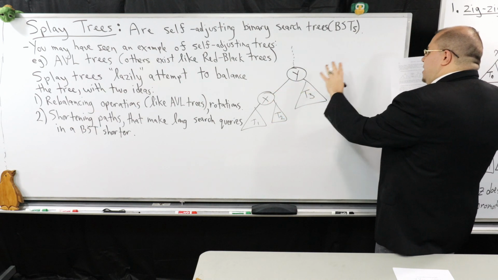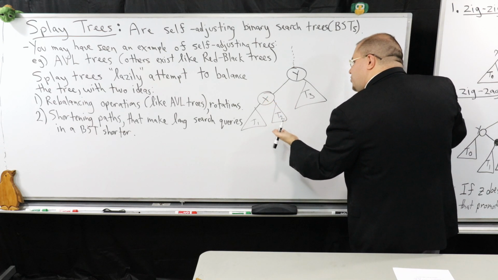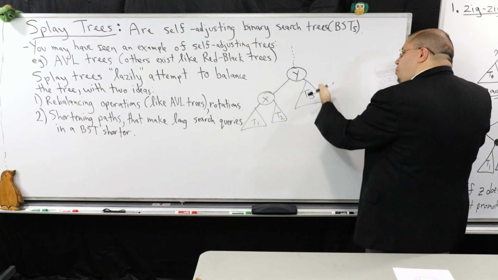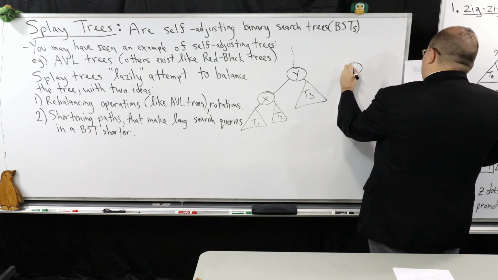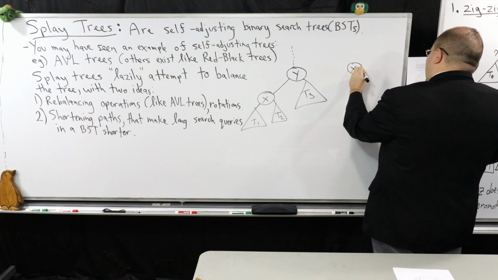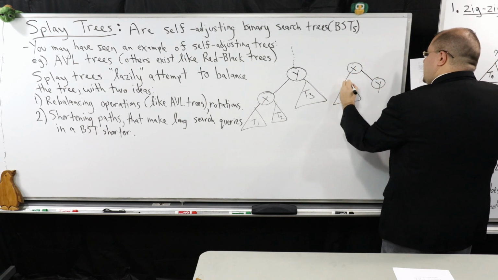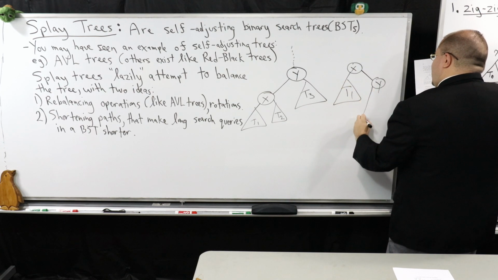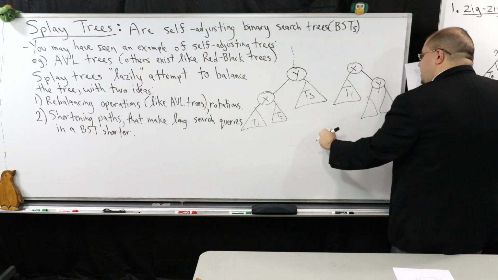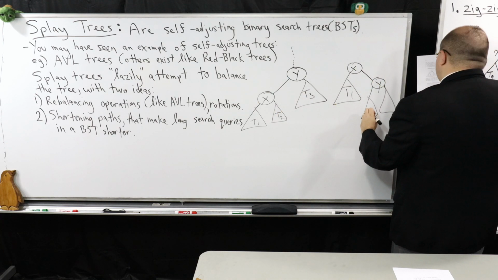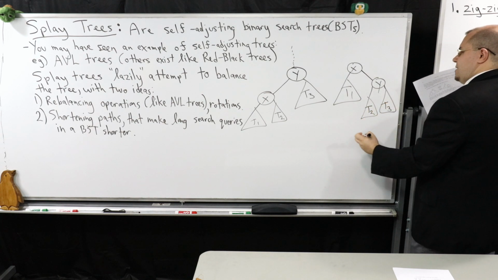So in a rotation, if I apply rotation to X, what I do is I promote X and I demote Y. I promote X to become the parent of Y. And now I swap one of the subtrees, X's right subtree, and pass it over to Y. Like so.